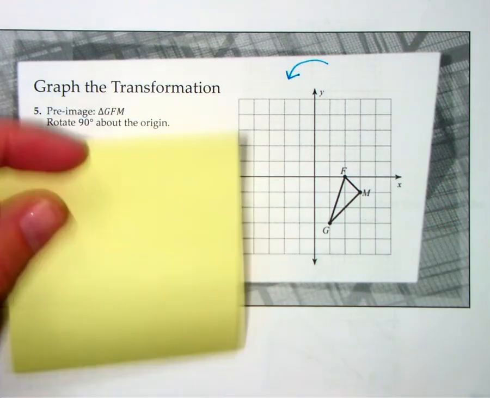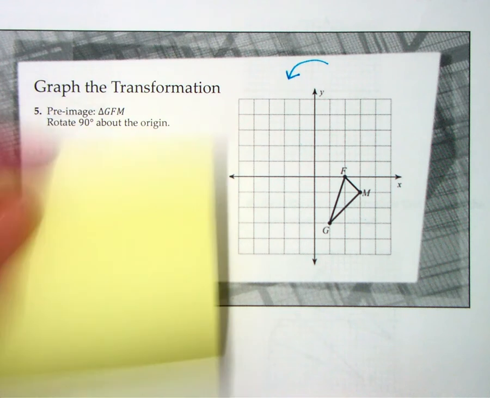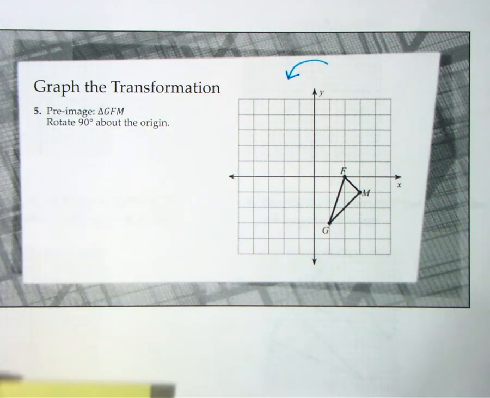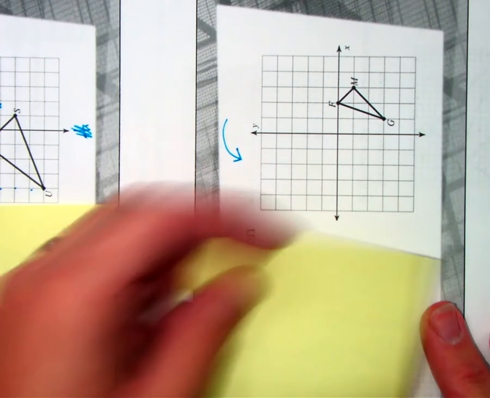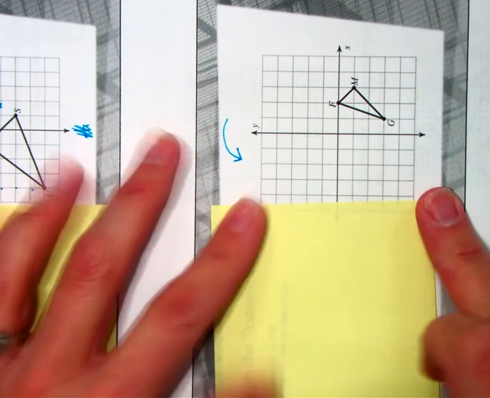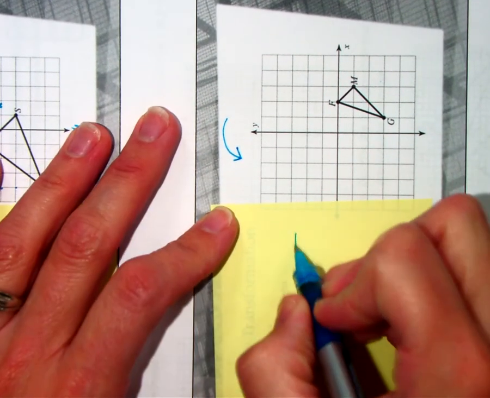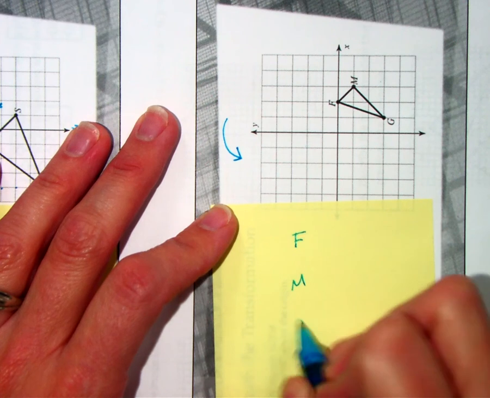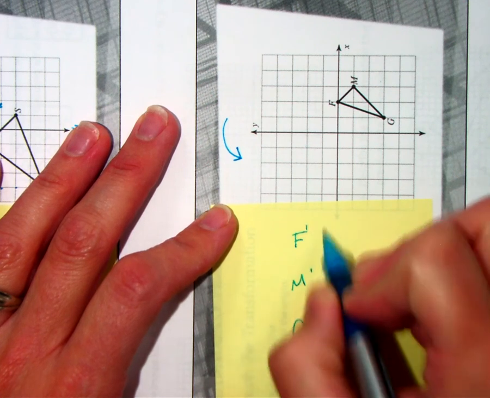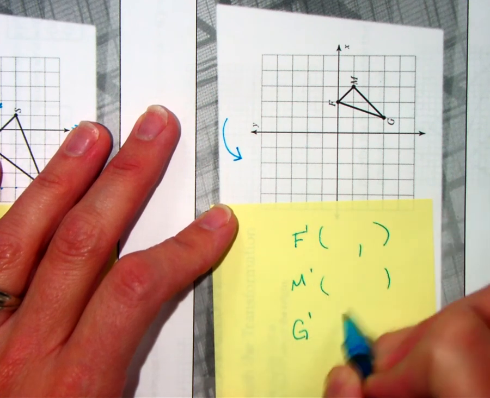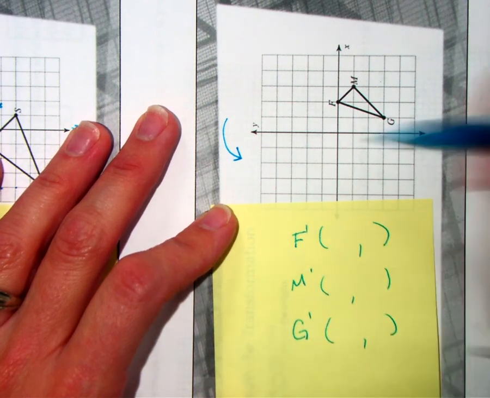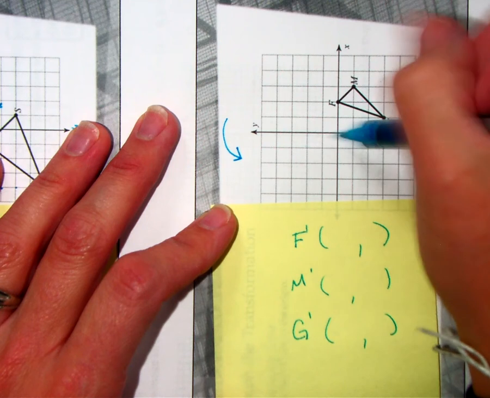I've got my sticky note ready for the coordinates here. I'm going to go a 1/4 turn counterclockwise, and then I'm going to read the coordinates to myself. So F, M, G. Okay, so F is 0 over, 2 up.